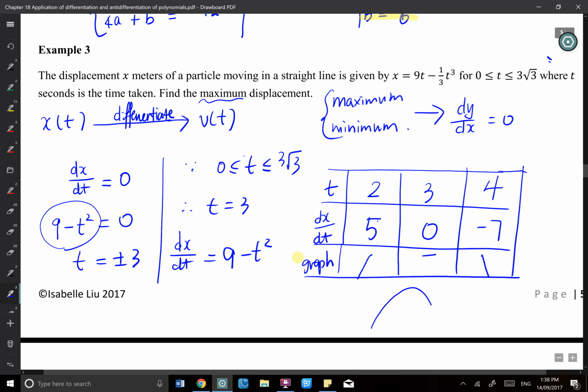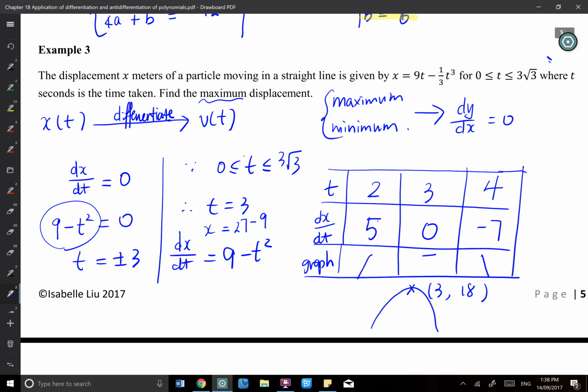So at 3, it is a maximum point. So that is 3, comma, you put t equals 3 in, x equals 27 minus 9. x is 18. Okay, 3 and 18.